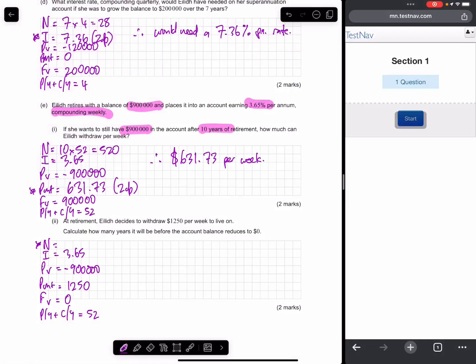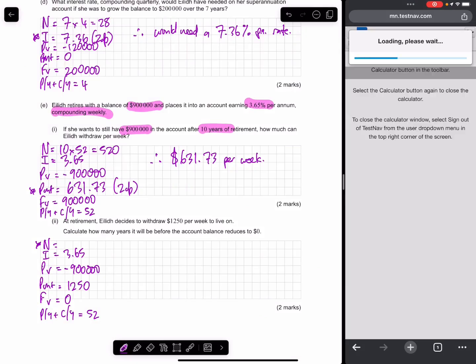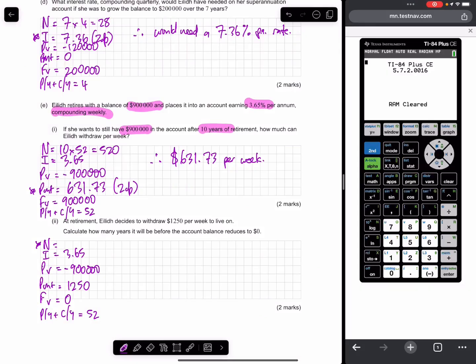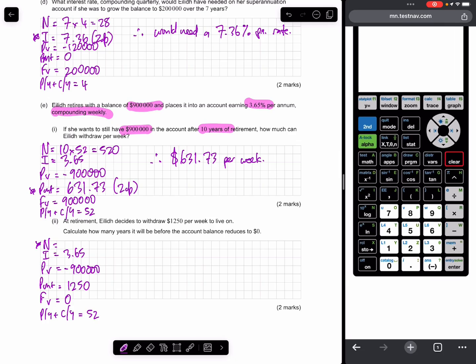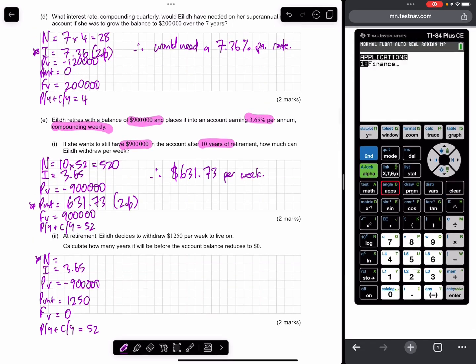Hopefully I don't run out of time. Okay, start over. TVM. That better not freeze later when I'm doing like a significantly longer question.